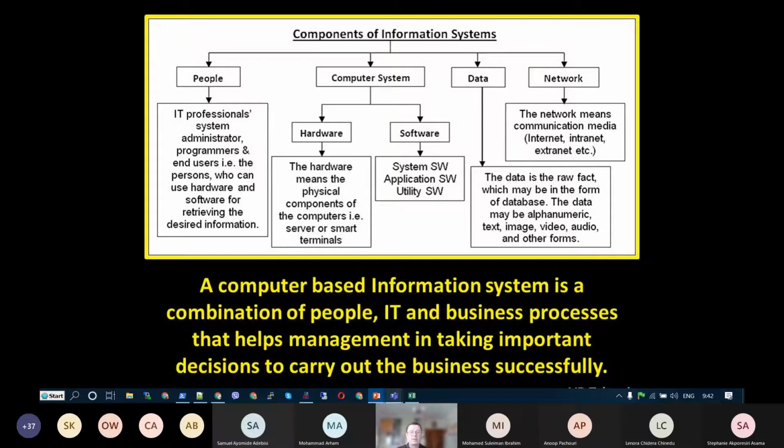But the key point when we speak about information systems is people: staff, consumers, and any other person who interacts with the system, not only staff members, but also ordinary people who are obligated to use some services in digital form.